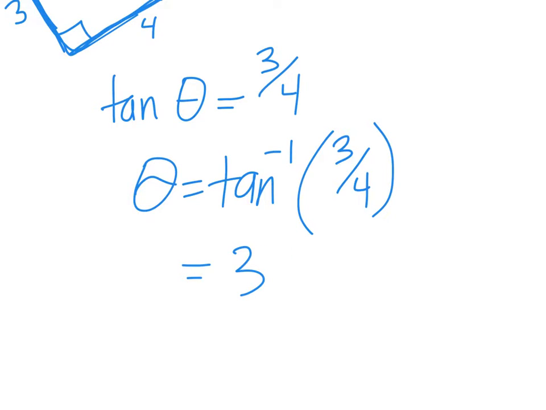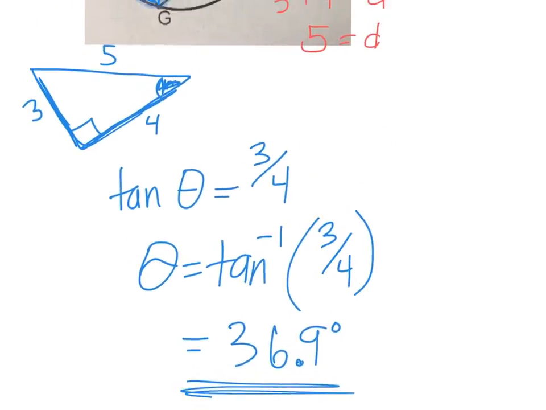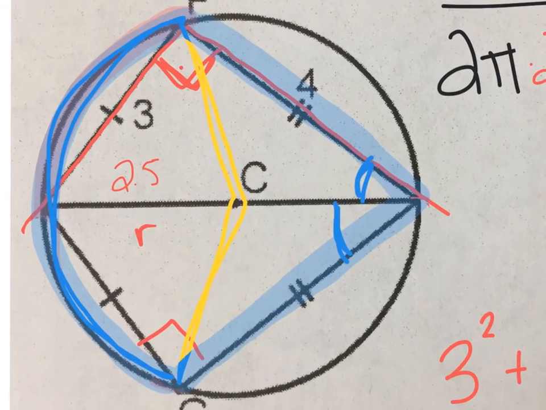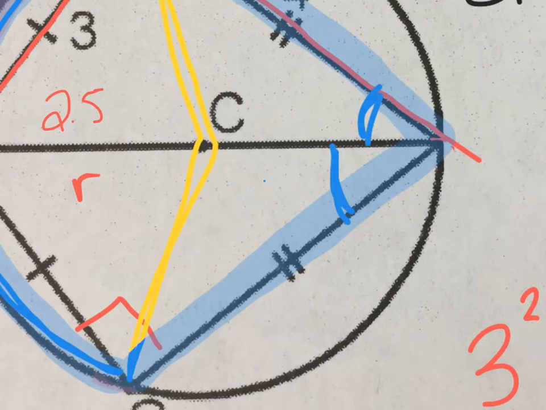Erase that. This angle is 36.9 degrees. Just 1 decimal is okay for me. 36.9, remember that. So coming back over here, this is now 36.9 degrees. This is also 36.9 degrees.